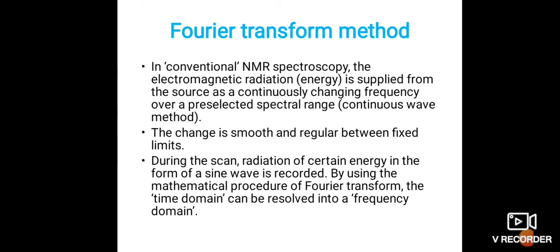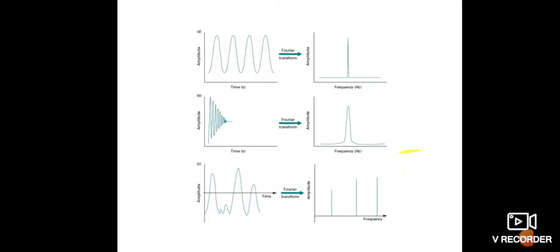In conventional NMR spectroscopy, electromagnetic radiation is supplied from the source as a continuously changing frequency over a pre-selected spectral range, whereas with the advent of the Fourier transformation method, the time domain can be resolved into frequency domains, and we can now continuously alter the frequencies, as well as measure the NMR spectra at different angles, and correlate those results.